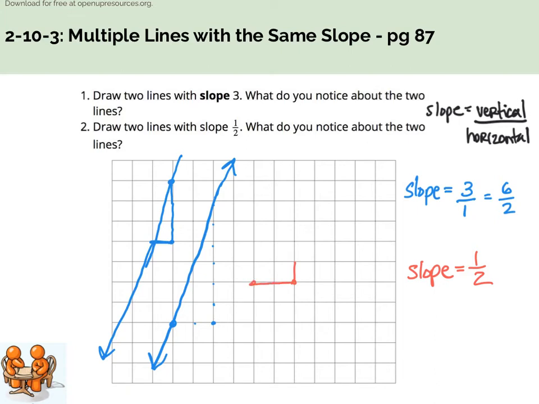And I'm going to have something kind of like this. And again, I know that I can also write it as 2 over 4 by multiplying the top and bottom by 2. So I can do up 2 and over 4, 1, 2, 3, 4.